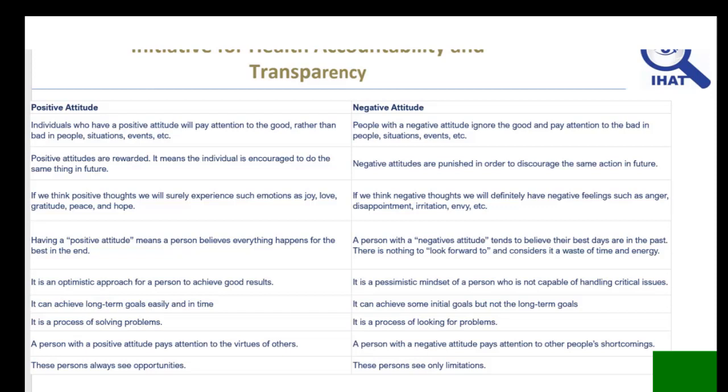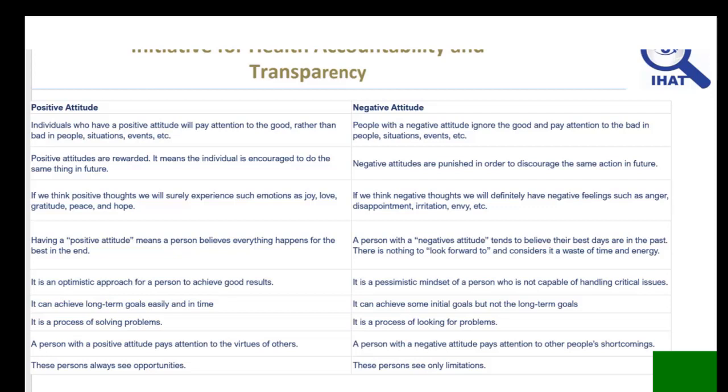Individuals who have a positive attitude will pay attention to the good rather than the bad in people or in situations, while on the negative side, people with a negative attitude ignore the good and pay attention to the bad in people, in situations or events. Positive attitudes are rewarded, which means the individual is encouraged to do the same thing in future, while negative attitudes are punished in order to discourage the same action in future.